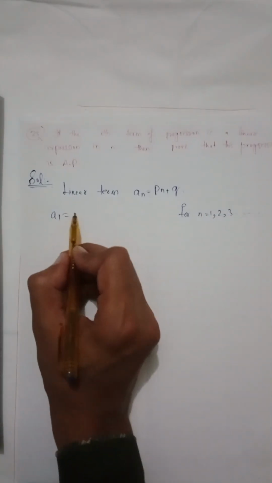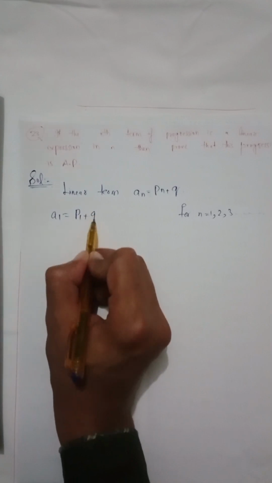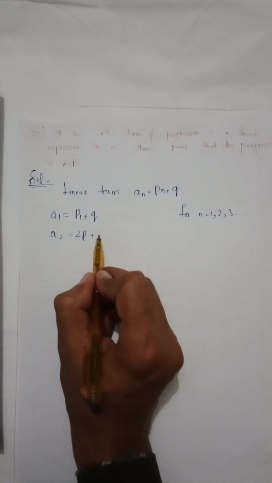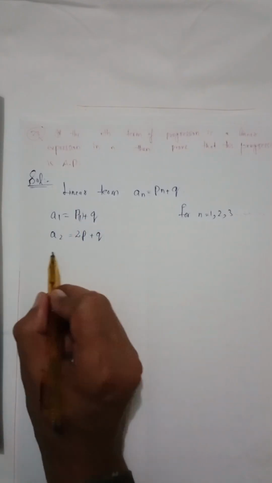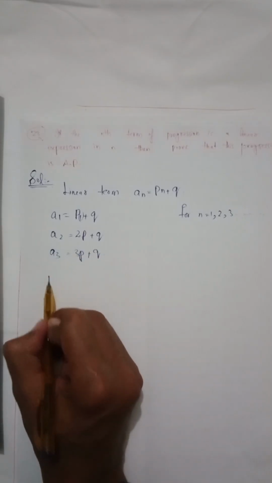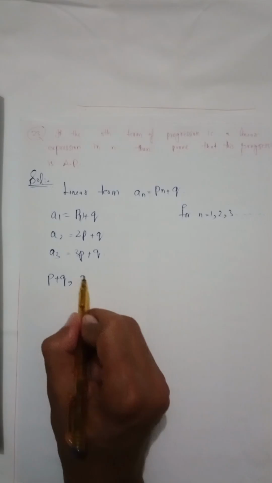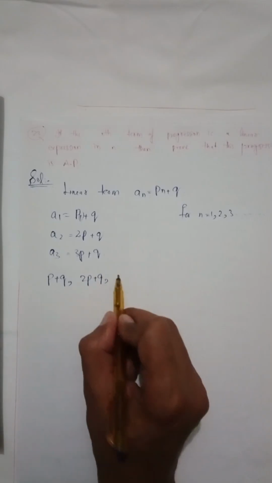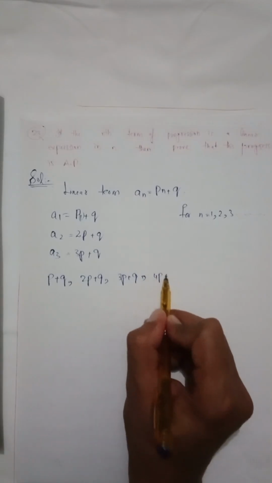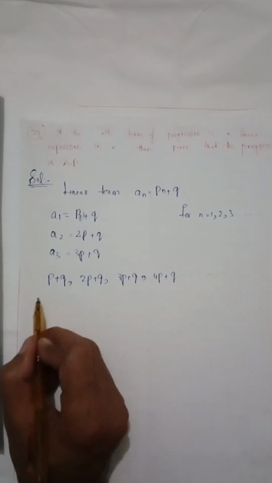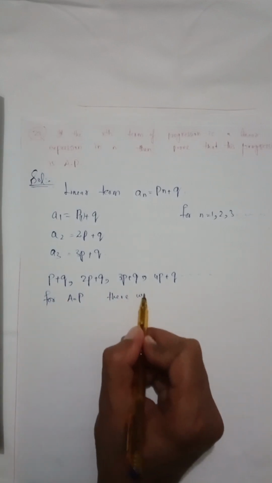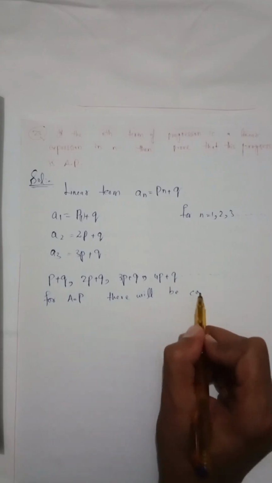So a1 equals p1 plus q, a2 equals 2p plus q, a3 equals 3p plus q, and this is the arithmetic progression. And if this is our arithmetic progression, it should follow the common difference. For arithmetic progression, there will be common difference.